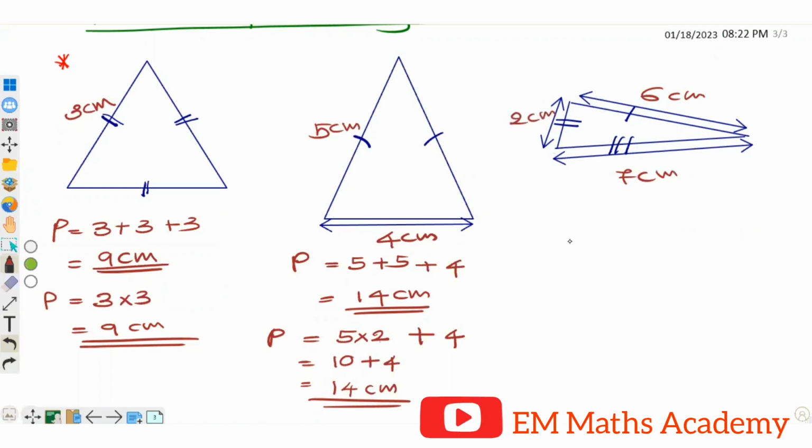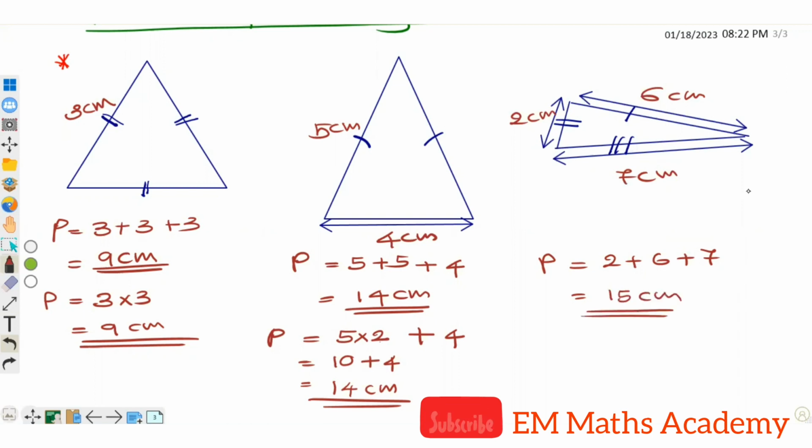So in this case, perimeter P is equal to 2 plus 6 plus 7. We have to use our common equation, total outer length, to find the perimeter for a scalene triangle. It is 2 plus 6, 8. 8 plus 7, it is 15 centimeters.